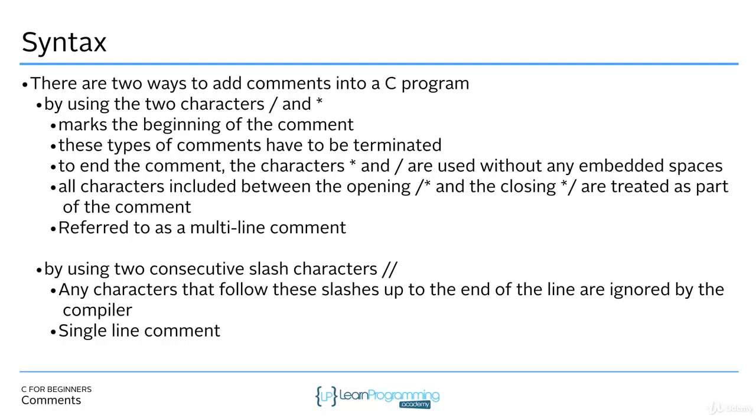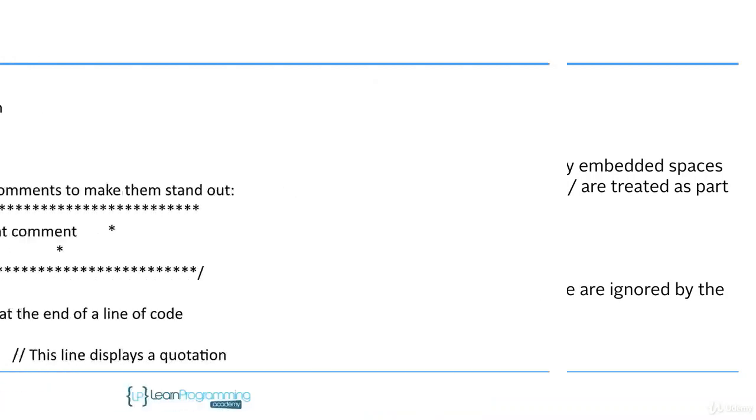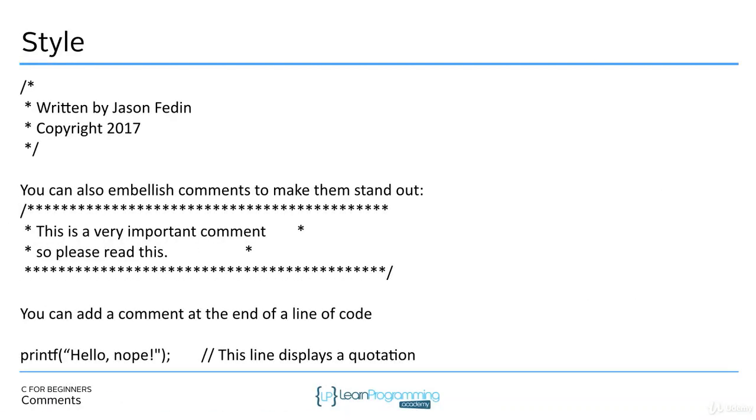And I'm going to show you how you can add those to your code in a second. Now, as far as styling goes, whether you use multi-line comments or single line comments, you're probably going to use both depending on what you're trying to do or how many lines you have to describe or how big your comment is. In this example, we're using a multi-line comment here, and this would typically go at the top of the file.